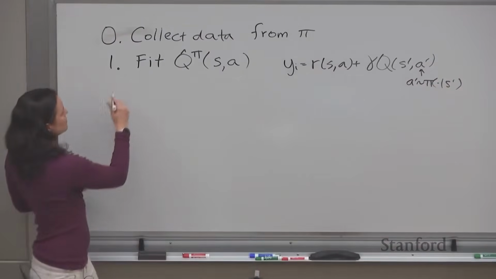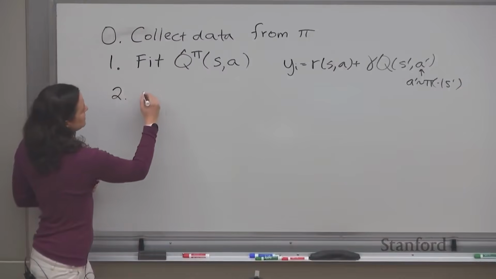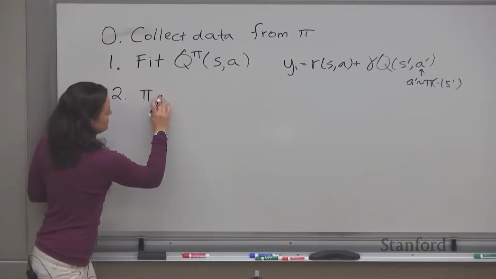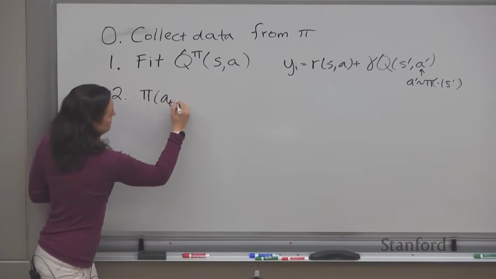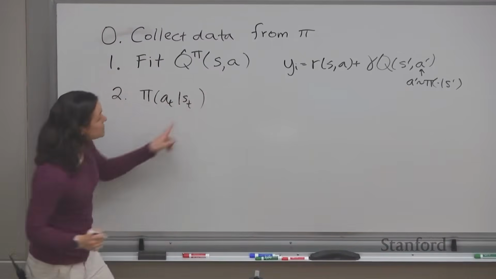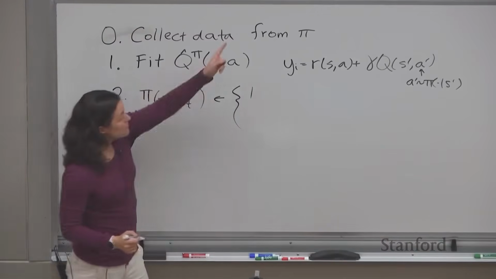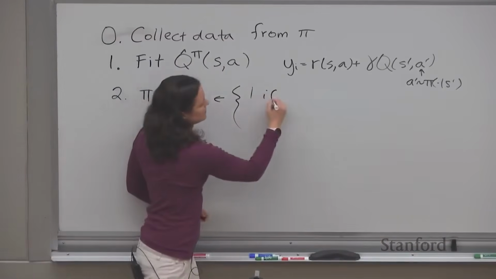And then lastly, we'll improve our policy by defining a new policy as being 1 if the action is maximizing the Q value and 0 otherwise.